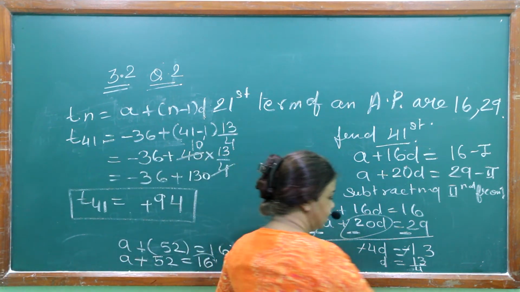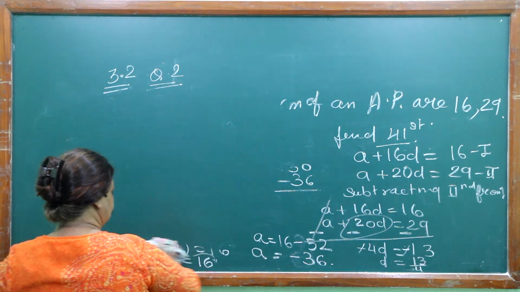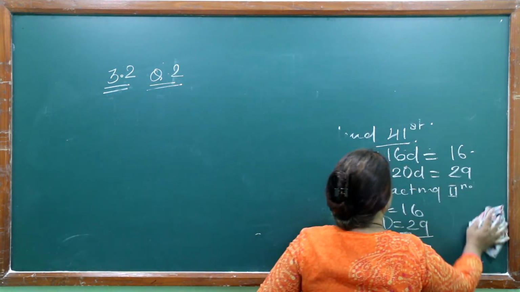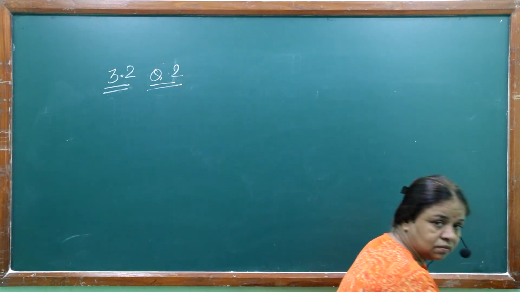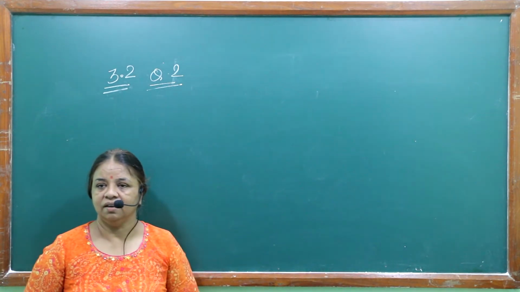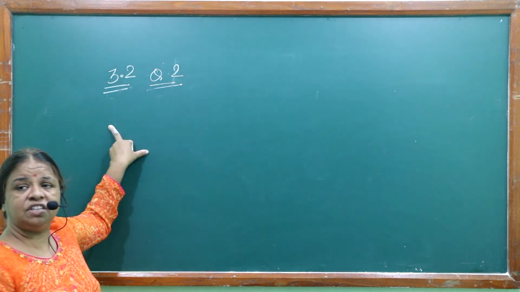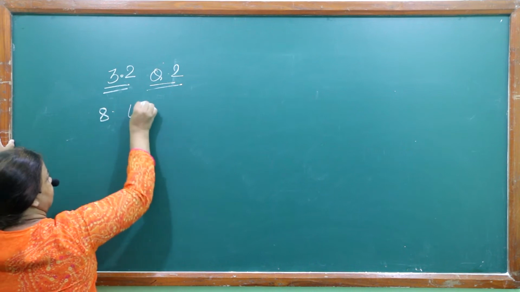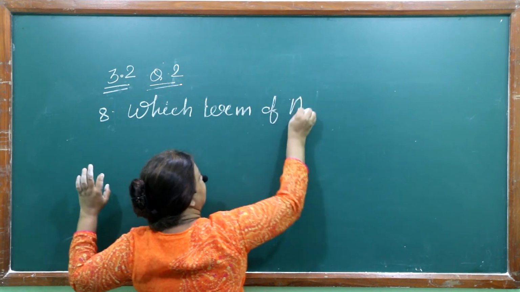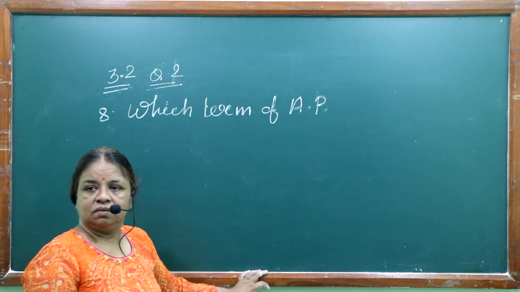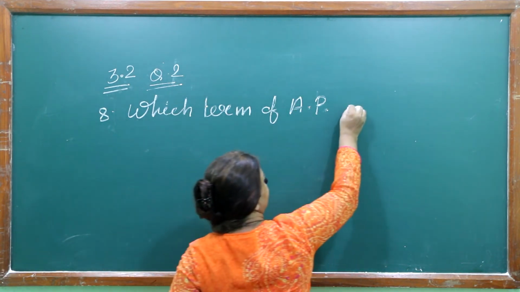Let us move to the next sum, children. The next sum is, how many? Yeah, it is 8th sum now. Which term of the AP is minus 151?